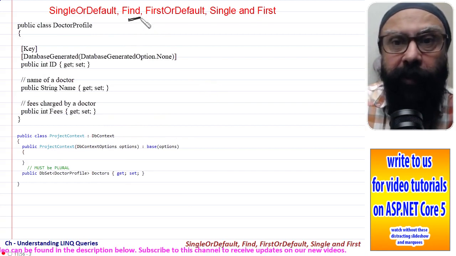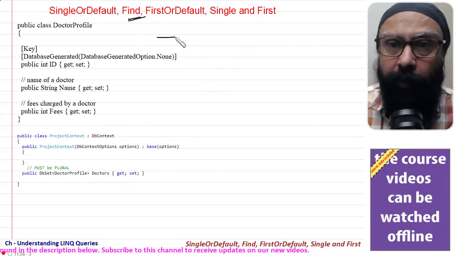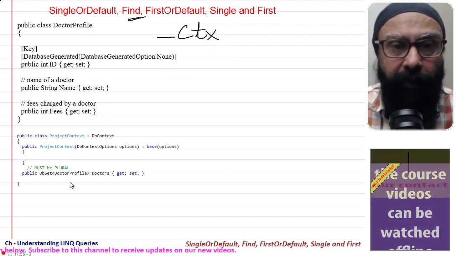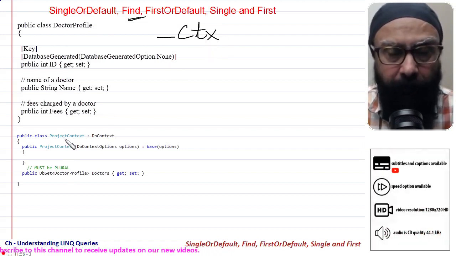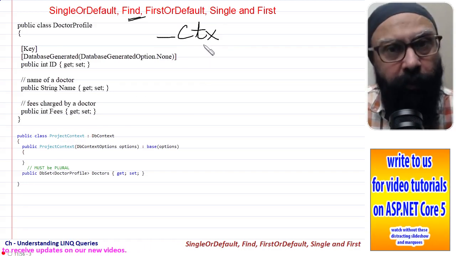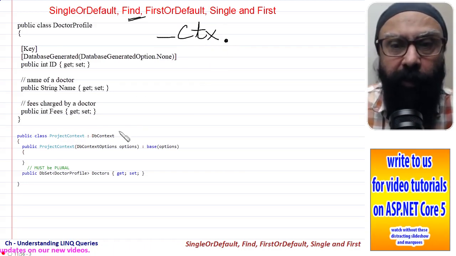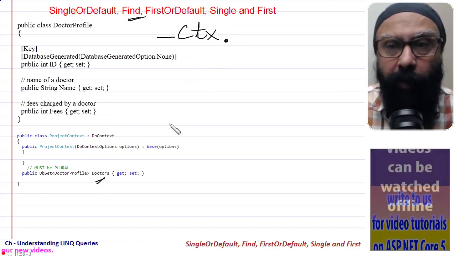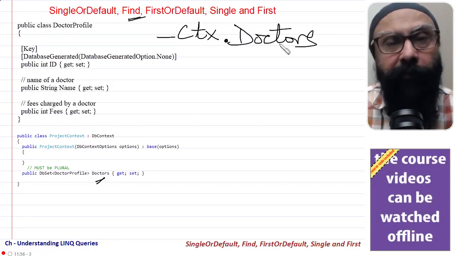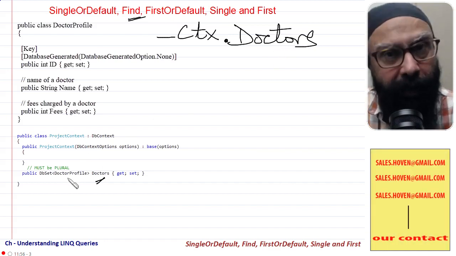I'll start with Find. So if my context is _ctx, that is, if I have the project context available through dependency injection and it is called _ctx, then _ctx.Doctors gives me the whole set of doctor profiles.